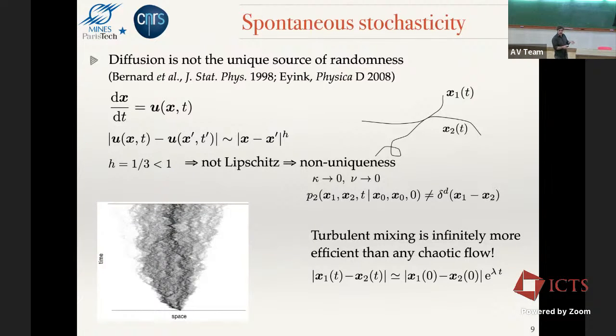It's the scaling that we have for turbulent flow. And this 1/3, which is less than 1, means that the right-hand side of this equation is not Lipschitz. And if it's not Lipschitz, we don't have unicity of the solutions. This is clear that not Lipschitz means non-unique. This is clear to everybody?